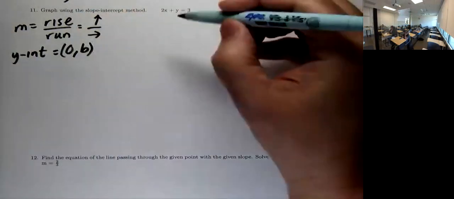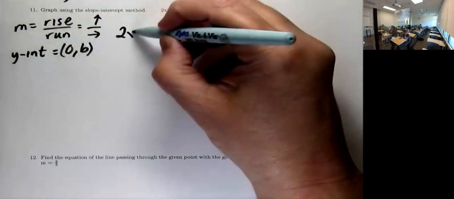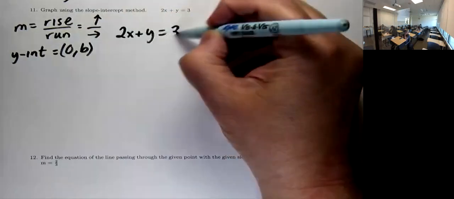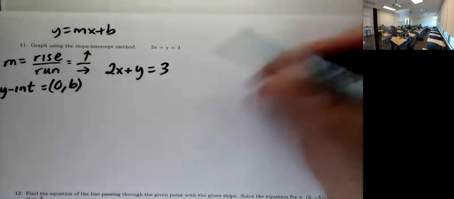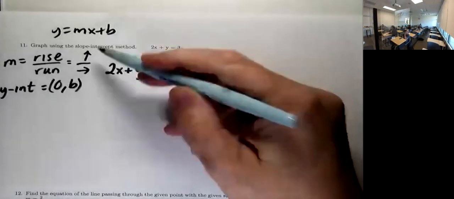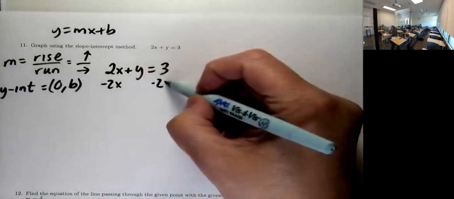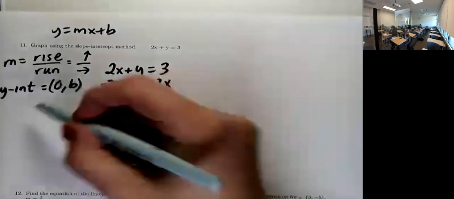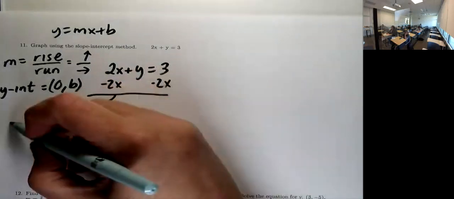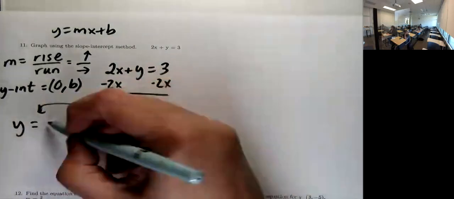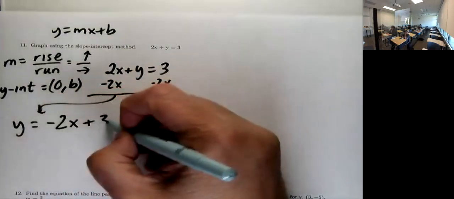So let's take 2x plus y equals 3, that's the equation. I know Ariana can't see it. And we're gonna solve for y to get it looking like this. If I subtract 2x from both sides, right over here, y equals negative 2x plus 3.